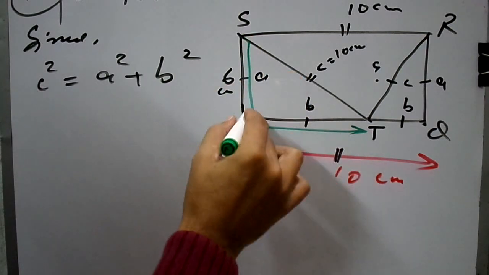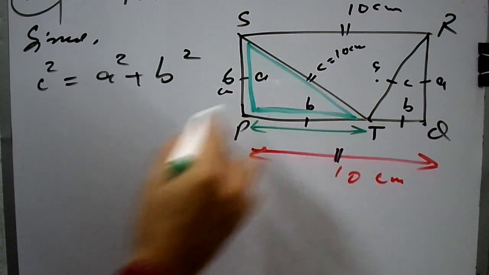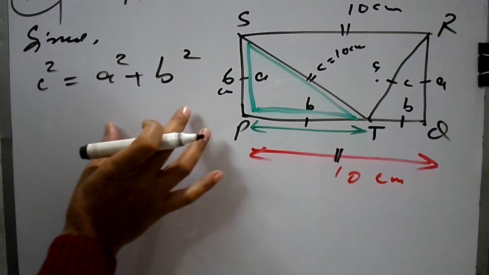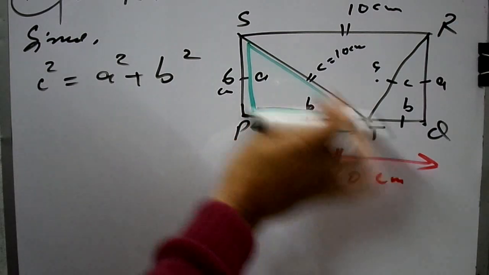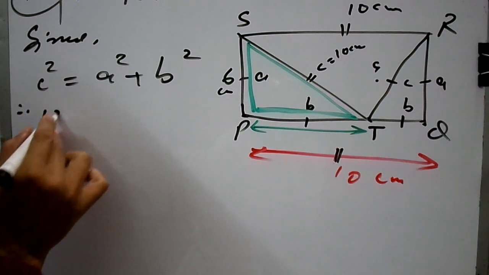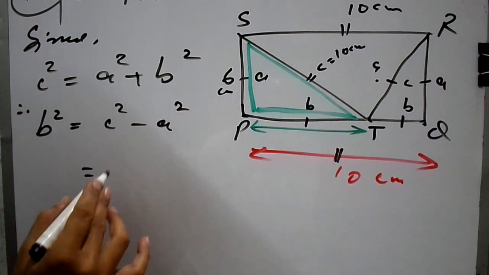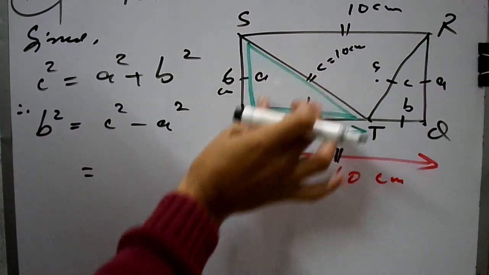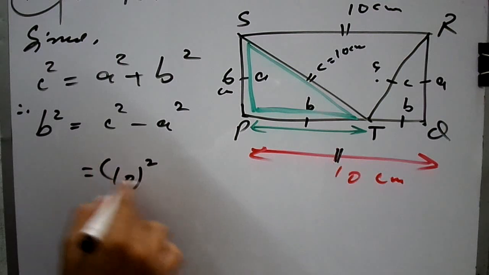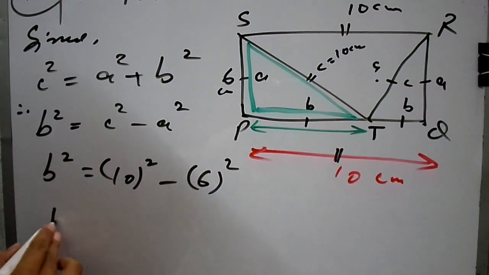If you take this triangle, that triangle you should take first to solve. So you can say that in triangle PTS, you have to find B. Therefore the value of B is C square minus A square. So putting the values in this triangle, the value of C is 10 square minus the value of A is 6 square, that is your B square.